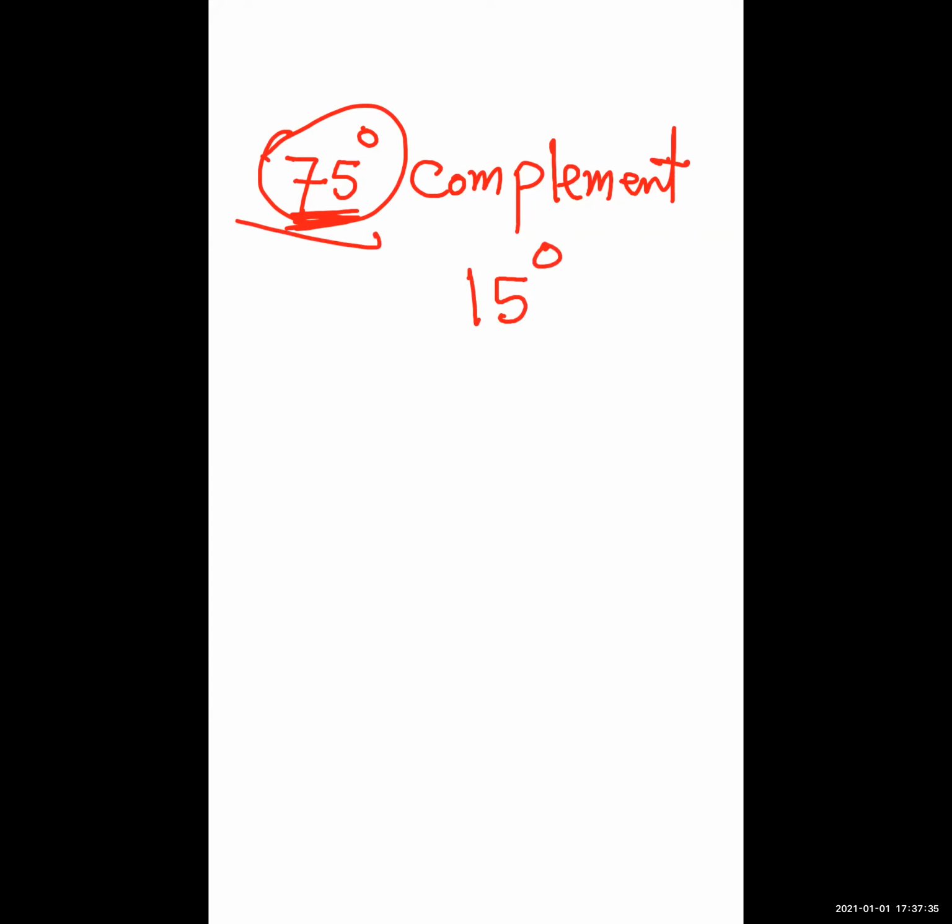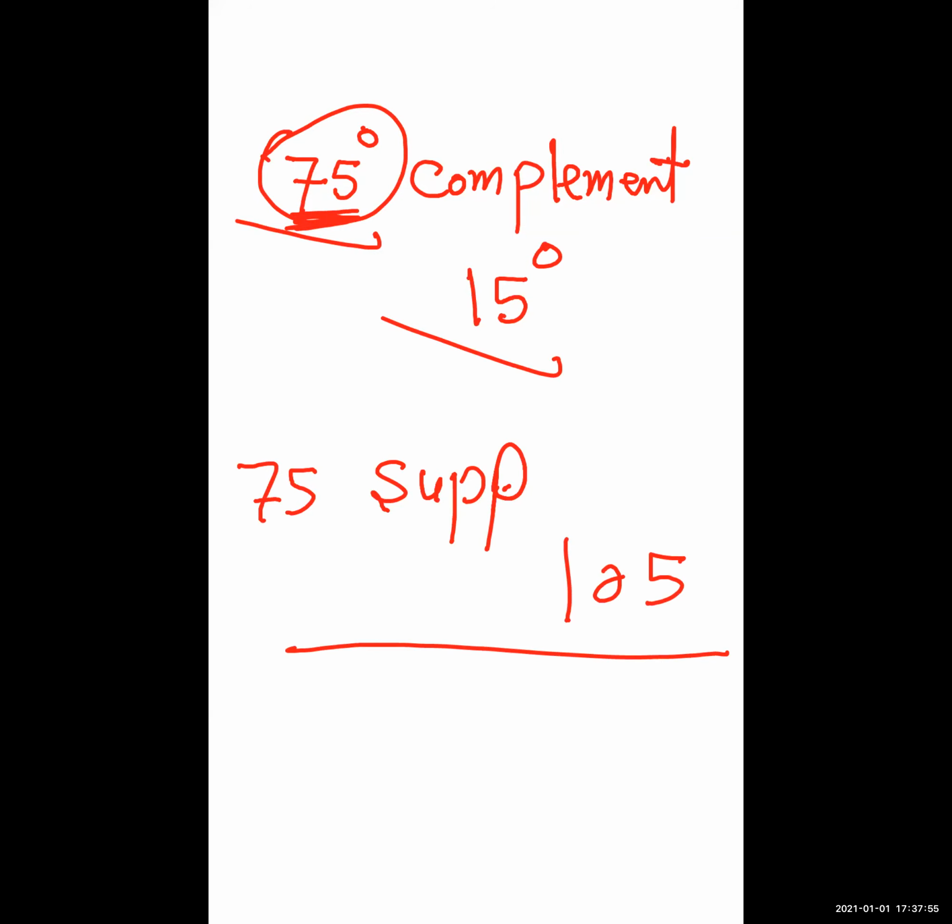So 75 complements 15 degrees. If it's the same 75 but supplements, it's 180 minus 75, so 105. In complementary, the total measurement of the two angles is 90; if supplementary, the total is 180.